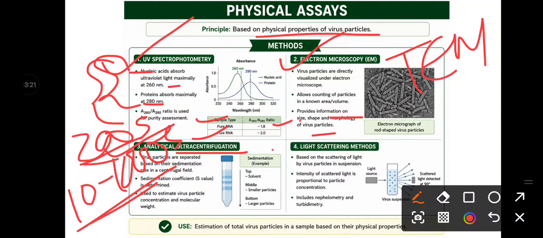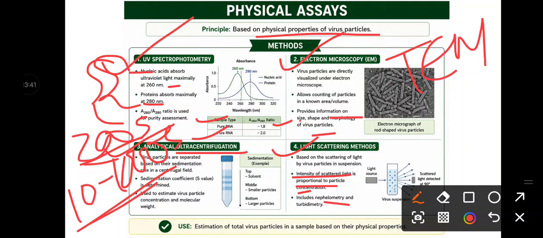Then the light scattering method. By scattering of light, the intensity of light is directly proportional to the concentration of the particles.